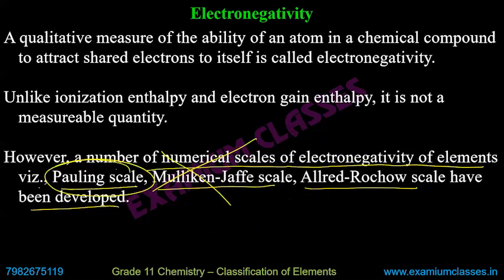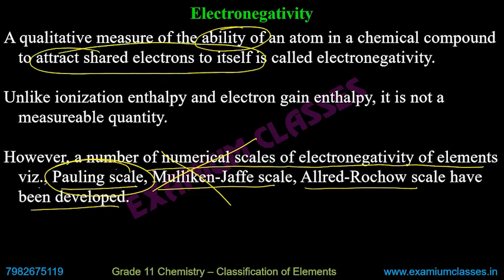Electronegativity is the ability of an atom to attract the shared electron pair towards itself. So if its radius is small, the distance from the nucleus to the shared electron pair is small, it will attract the electron pair with greater force, and the electronegativity is higher.